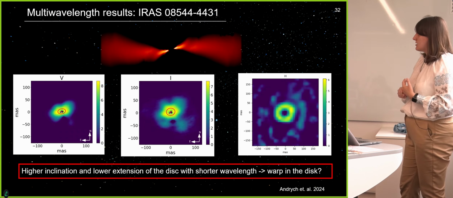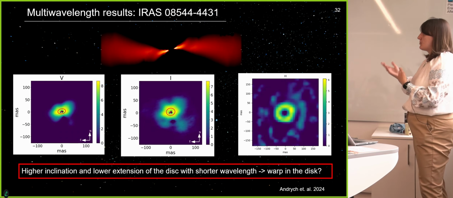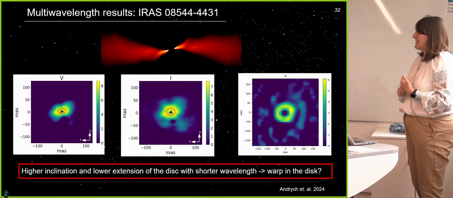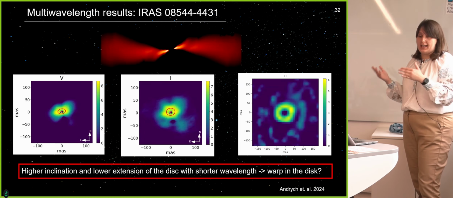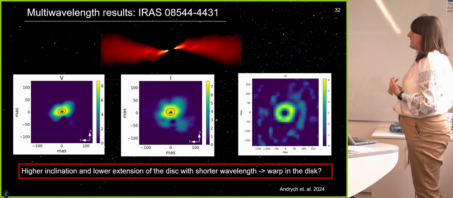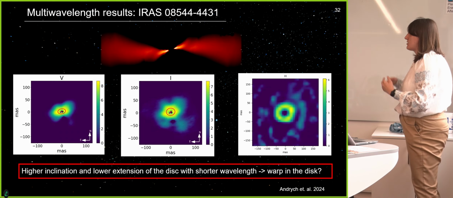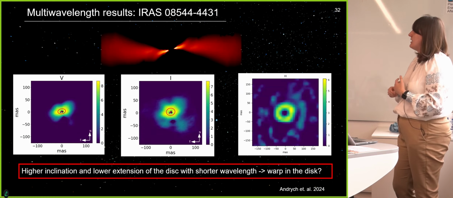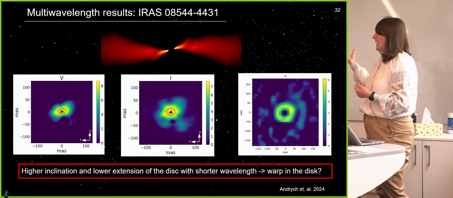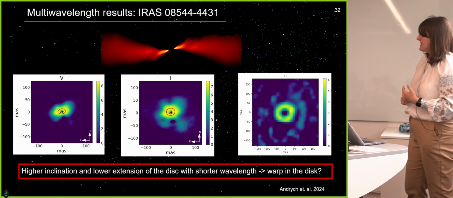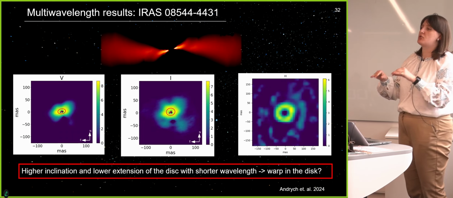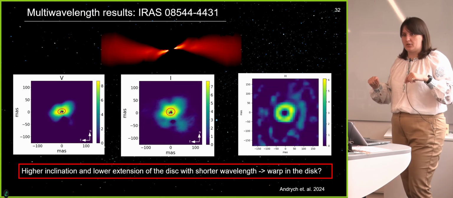This effect is now observed for protoplanetary disks, and it can be caused by misalignment of the binary orbit and the disk midplane. It can also be caused by the presence of a planet or some other physics and interaction of the disk and the central binary. However, it is very interesting that we see signs of warping and not just a smooth disk structure for this target.